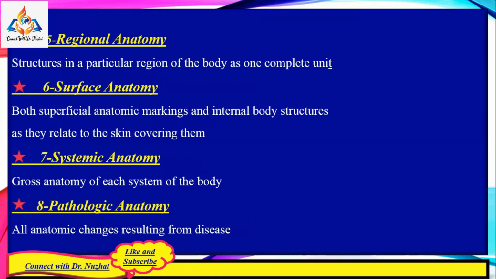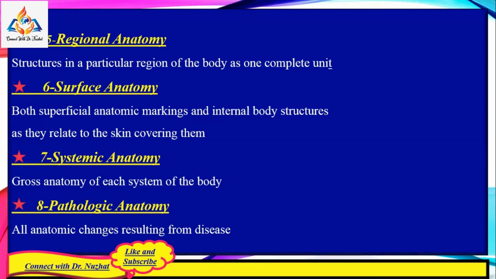Next branch is the regional anatomy, structures in a particular region of the body as one complete unit. Sixth one is the surface anatomy, both superficial anatomic markings and internal body structures as they relate to the skin covering them. Seventh one is the systemic anatomy, gross anatomy of each system of the body.